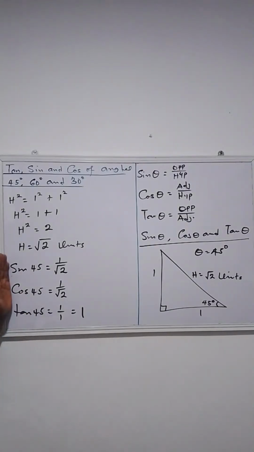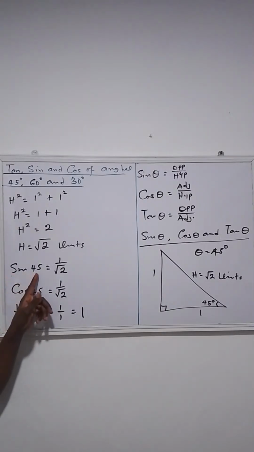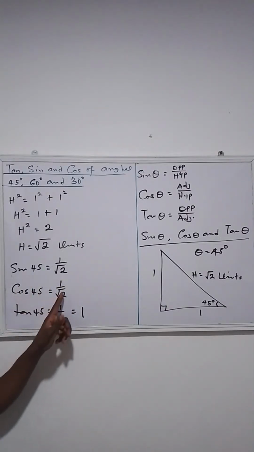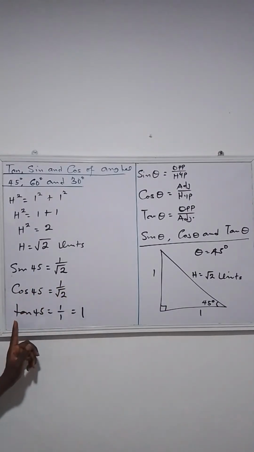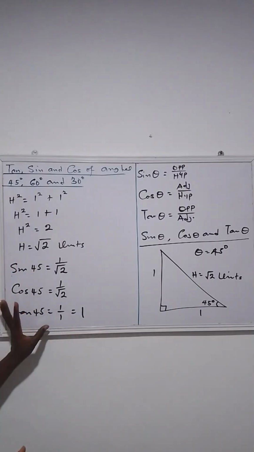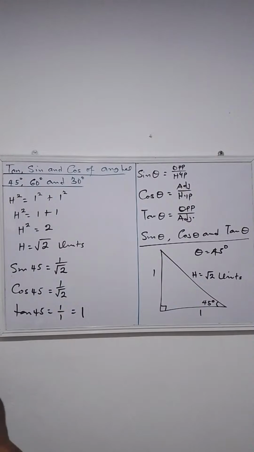Okay, so now we have the values of this special angle, 45 degrees. Sine 45 is 1 over square root of 2. Cos 45 is 1 over square root of 2. And tan 45 is 1. We are going to take note of these values because we are going to be making use of them. So now let me write that here.